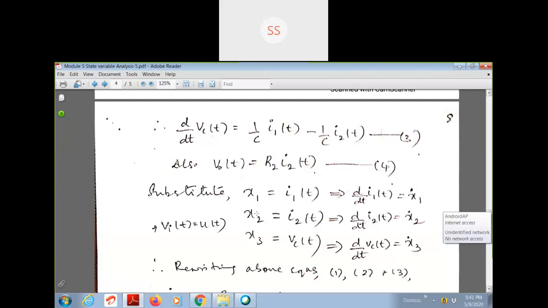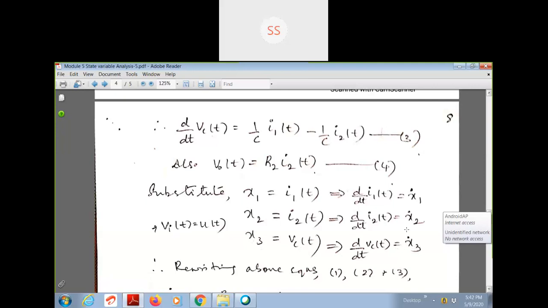Similarly, call I2 of t the second state variable x2, and d by dt of I2 of t can be written as x2 dot. Similarly, Vc can be written as x3, the third state variable. Therefore d by dt of Vc of t can be written as x3 dot.